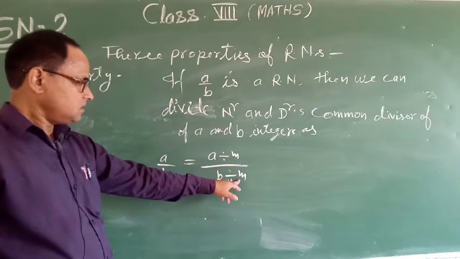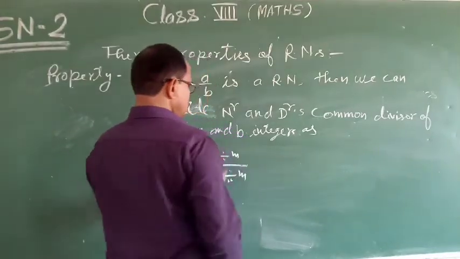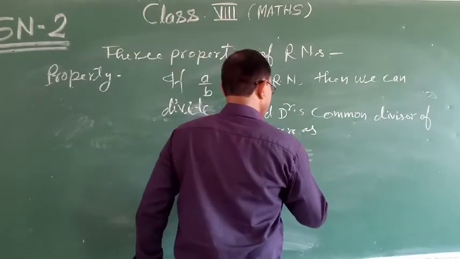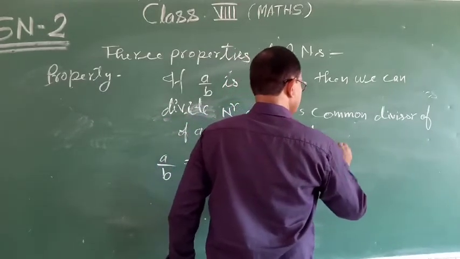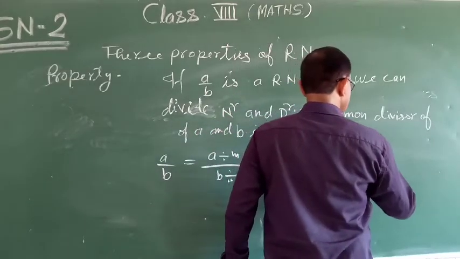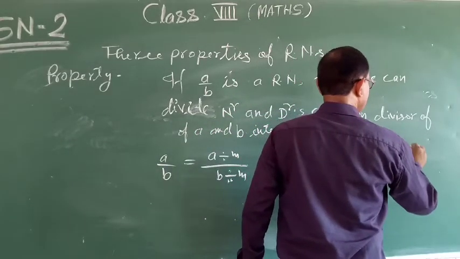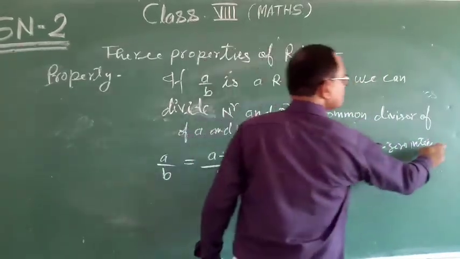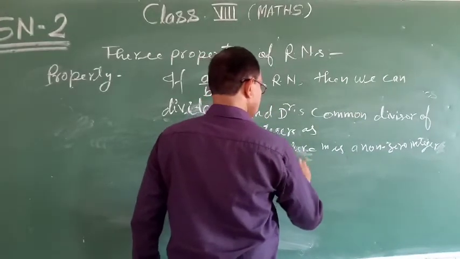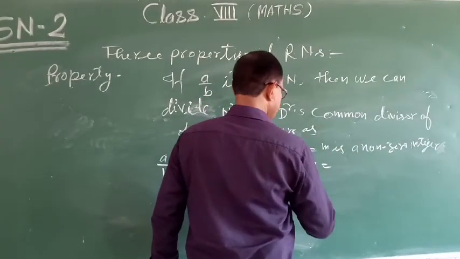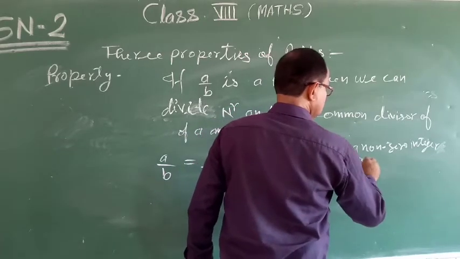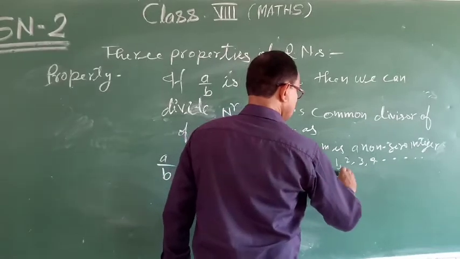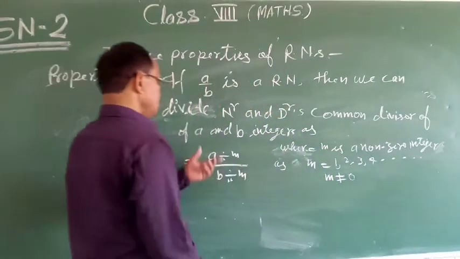M is a non-zero integer, where M is equal to 1, 2, 3, 4 and so on. But the value of M is not equal to 0.